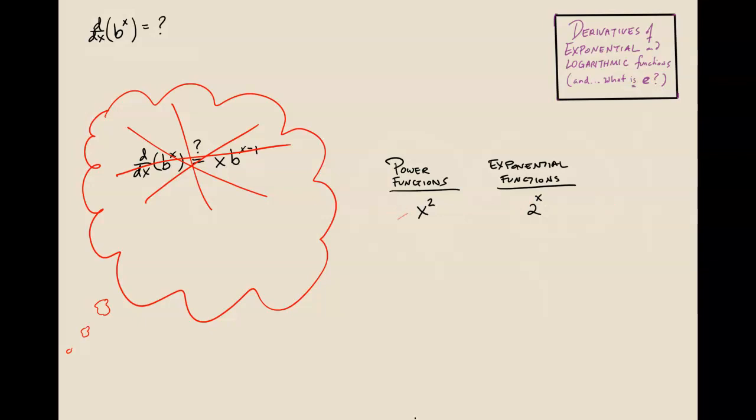Put 50 into x squared and you get 2,500 out. Put 50 into 2 to the x and what you get out is greater than 1 billion millions. The moral of the story being that power functions and exponential functions are very different beasts. This is not a power function, and therefore we cannot use the power rule to take its derivative.